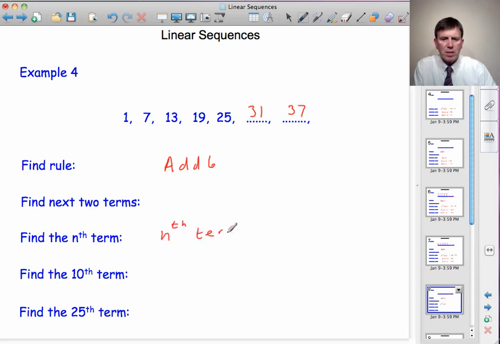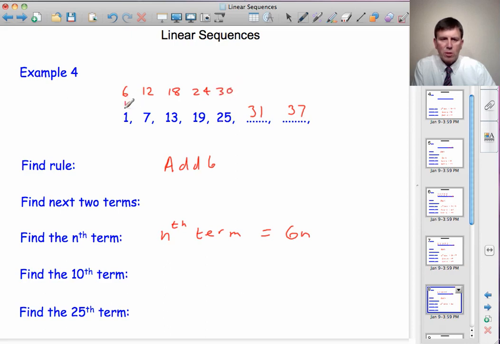If it's going up in 6s, it will have 6n in the formula, because that's what gives us the 6 times table. 6 times 1 is 6, 6 times 2 is 12, 6 times 3 is 18, and so on. 24, 30, going up in 6s.